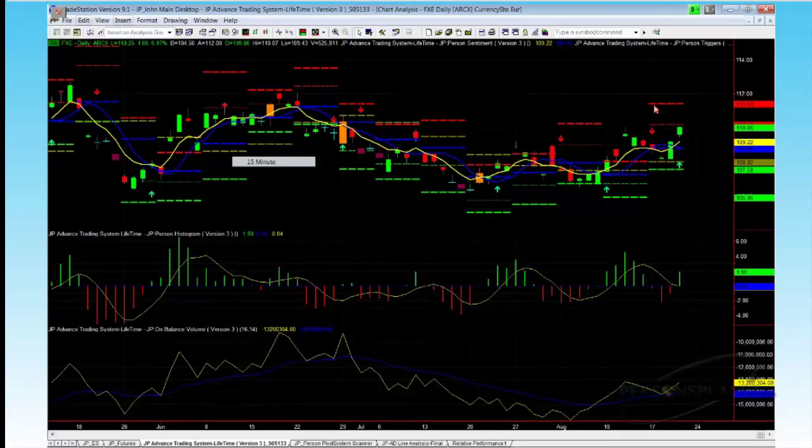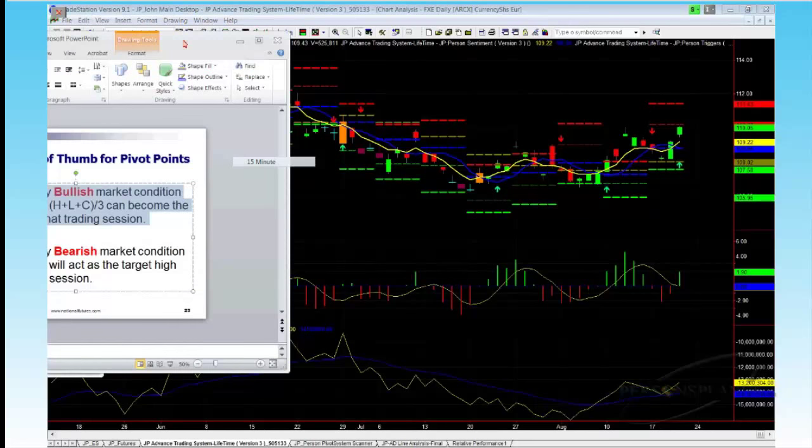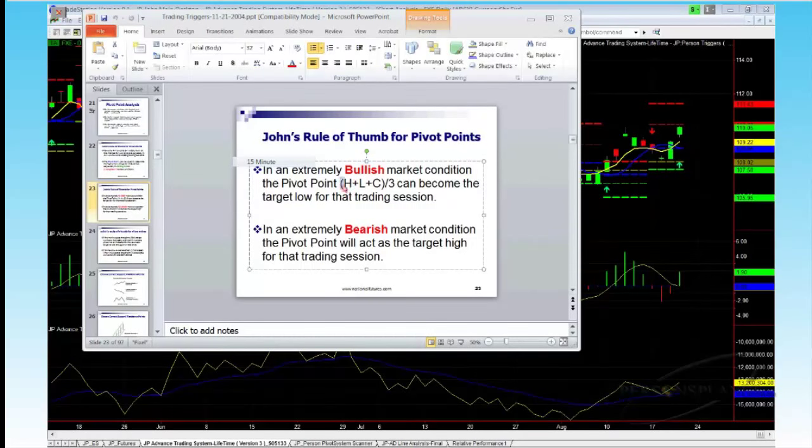Person's Pivots relies on, again, these three components. Think of it this way. It relies on these three components: high, low, close, right? If it depends on the high, the low, the close.